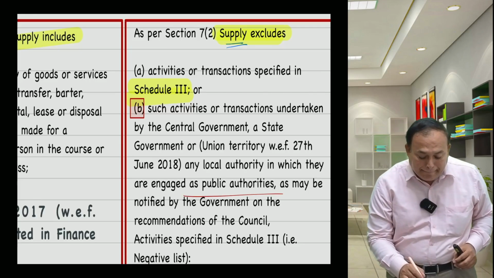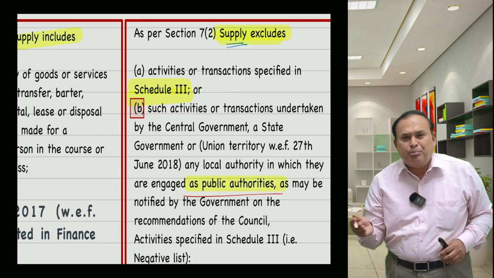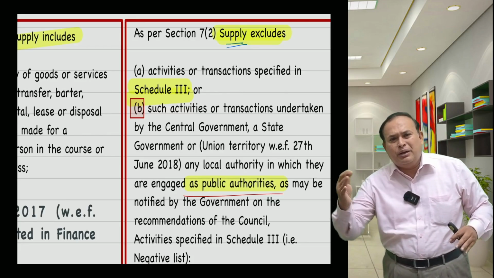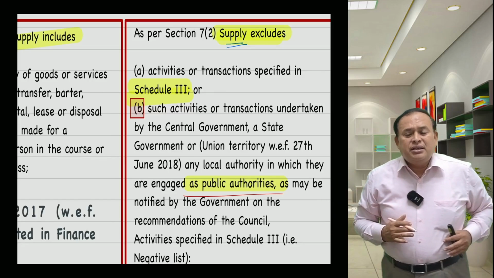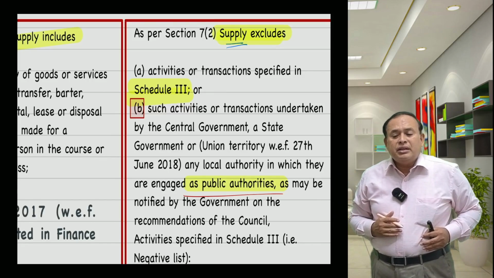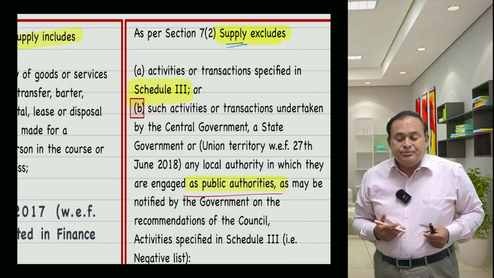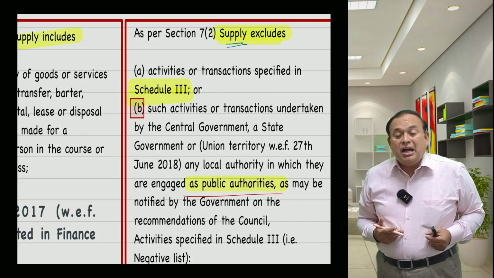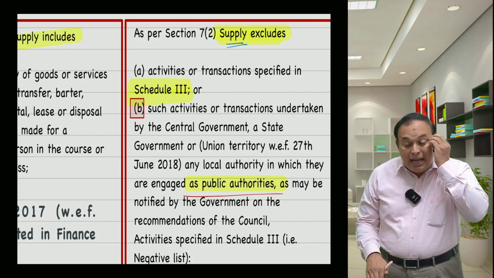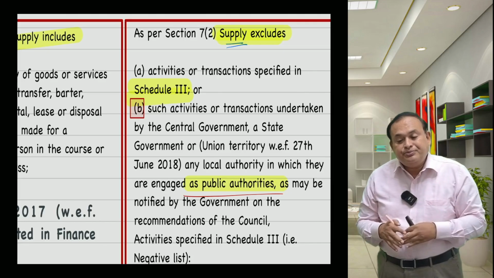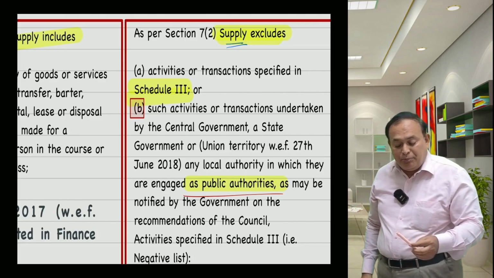The word is public authorities. Supplier of service is central government, state government, local authority or union territory. While providing activities, they provide services as public authorities.